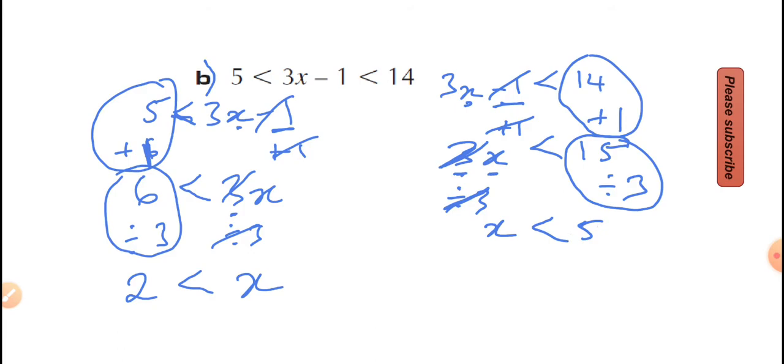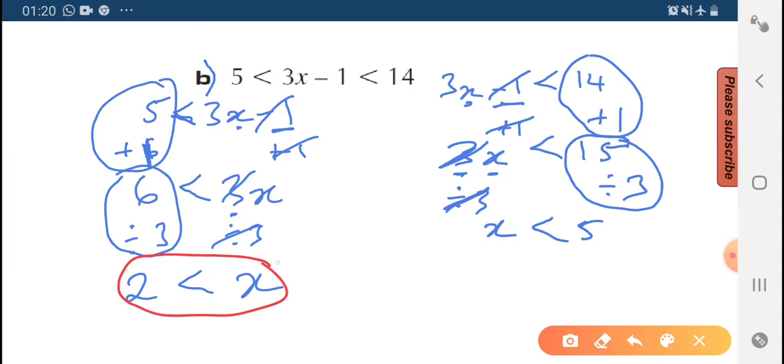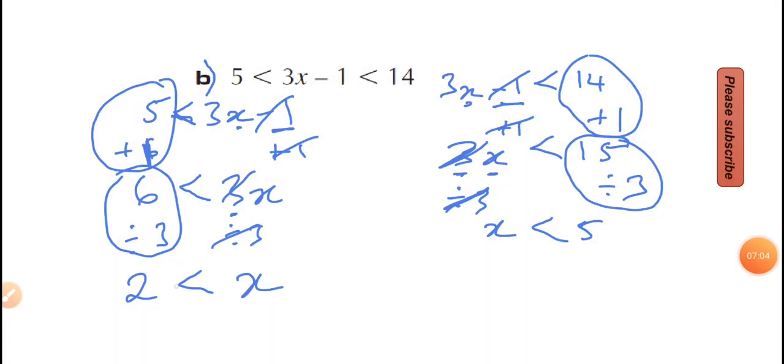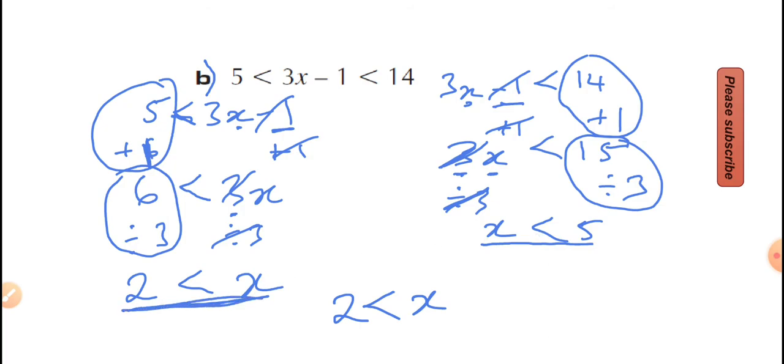So now what we have to do is combine this and this. I can see that this bit here is telling me that x has to be greater than 2.